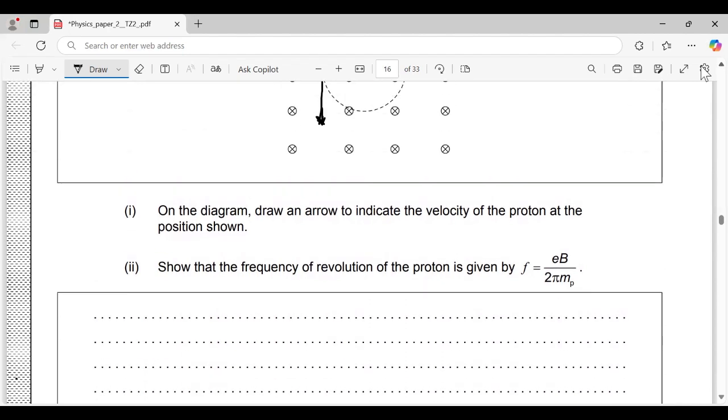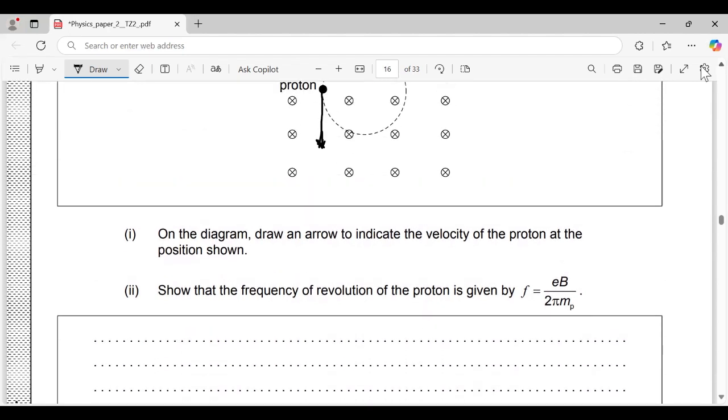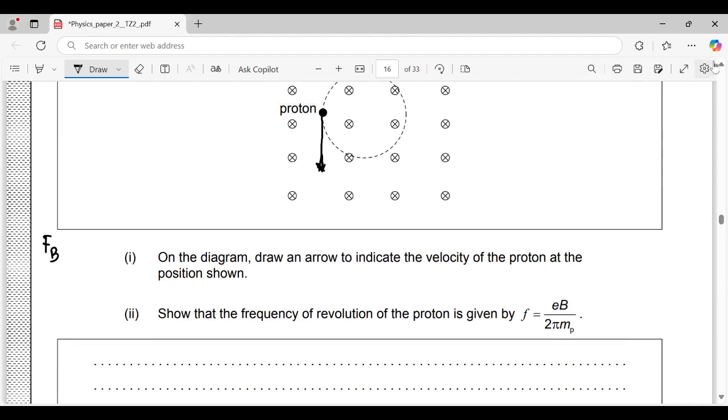I would like to use the magnetic force, or FB, on the proton. Because of the magnetic field, we can express this as FB.